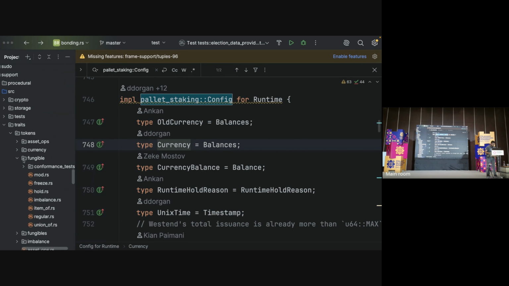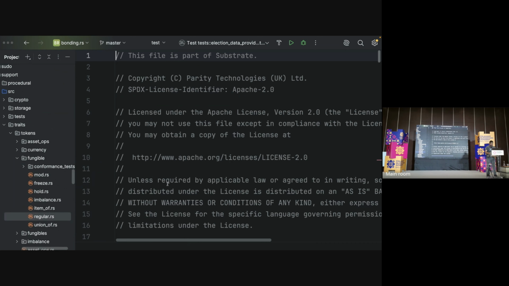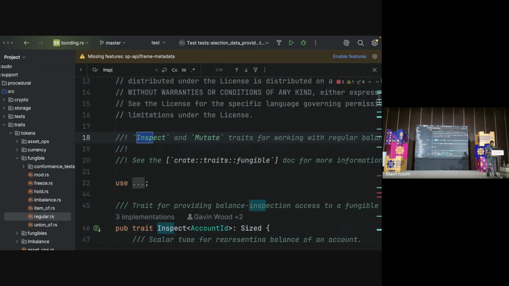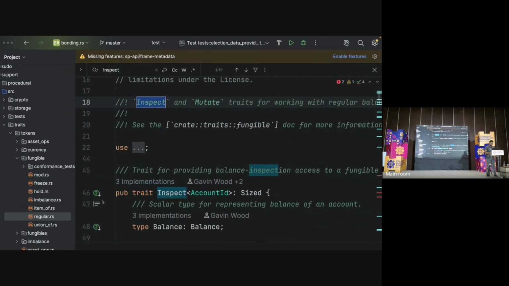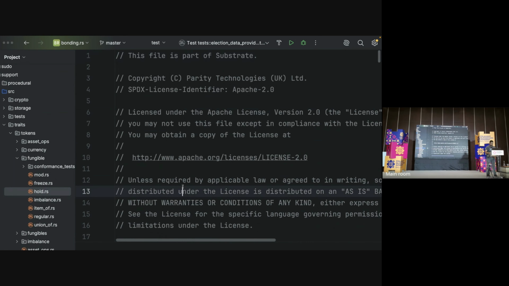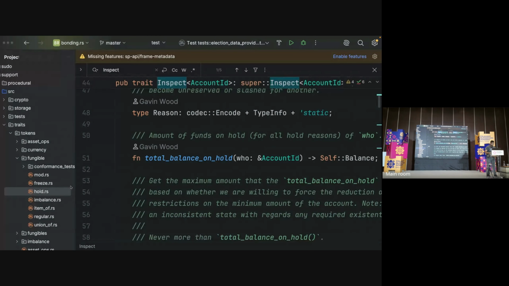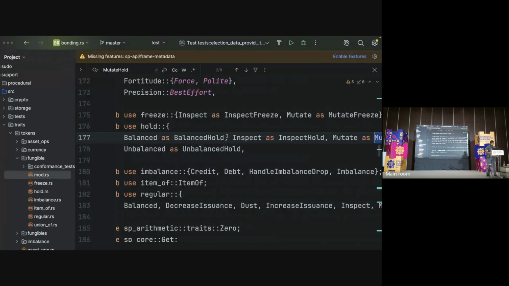Fungible, let's see. Now inside that you have regular, and I think this will have your normal inspect and mutate traits. Then you have hold, which also has inspect and mutate traits. You have freeze, and all these are re-exported, I think, if we look at mutate hold maybe.